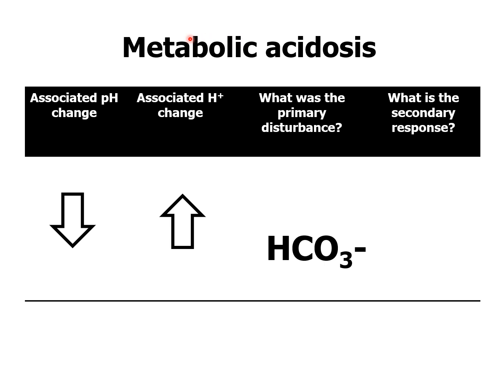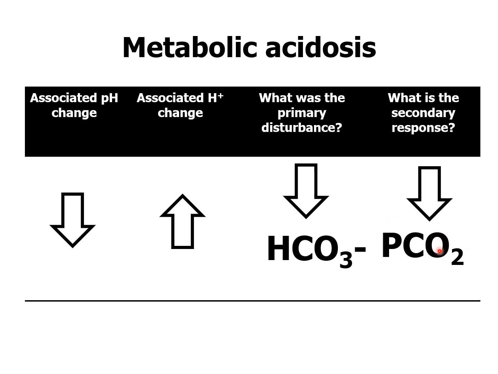Since bicarbonate is a base, the primary disturbance for metabolic acidosis is a decrease in the bicarbonate. And the secondary response would be to decrease the partial pressure of carbon dioxide through the lungs. Since carbon dioxide is acidic, it must be eliminated by the lungs, and this can happen through hyperventilation in order to exhale the excess carbon dioxide.